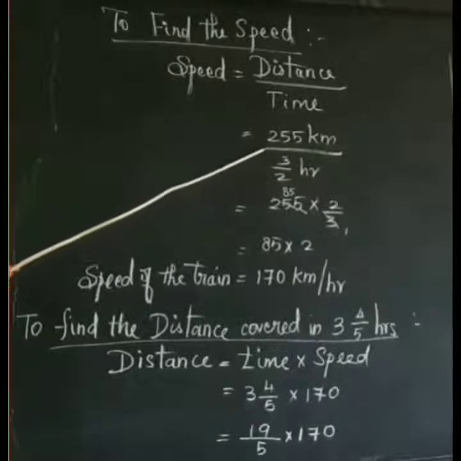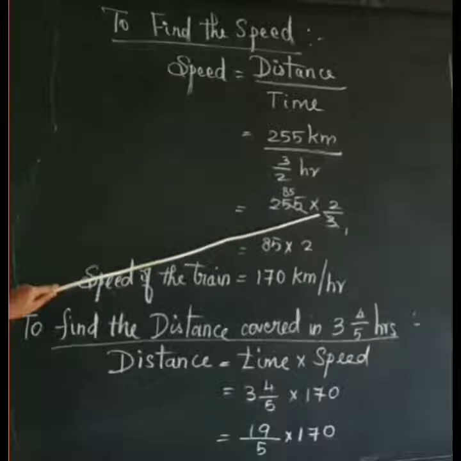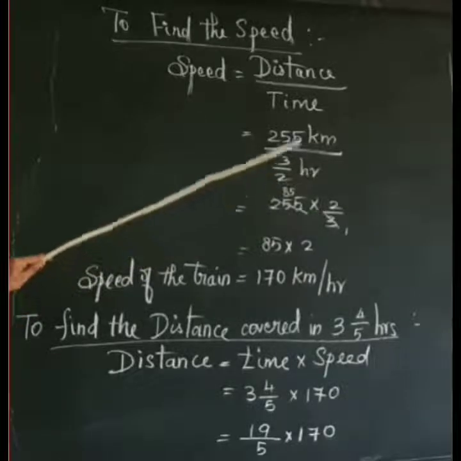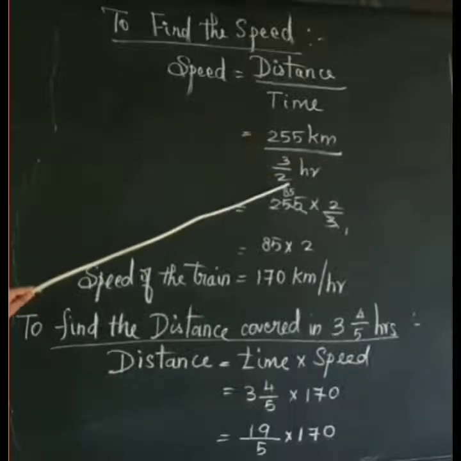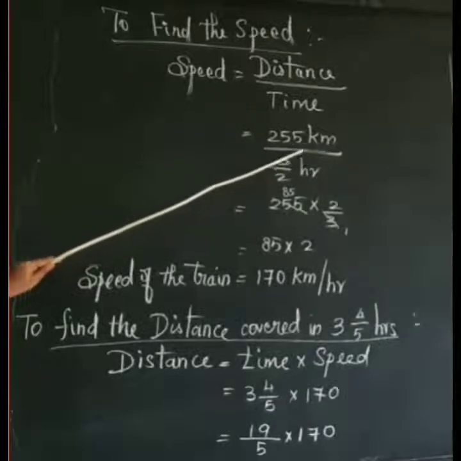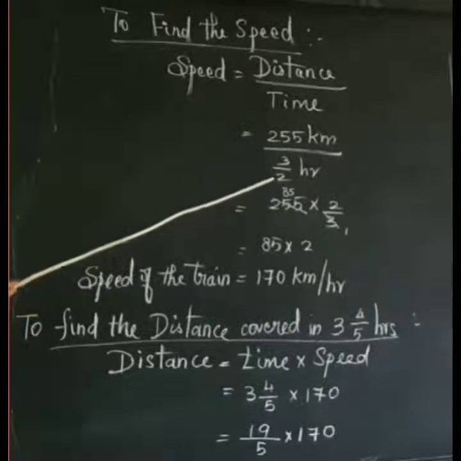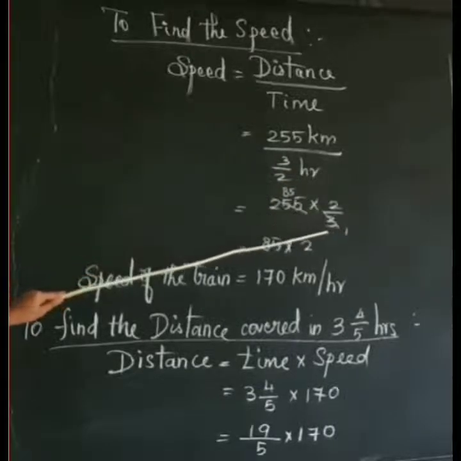So what is your next step? You have to convert this division into multiplication. Then only it is possible to simplify. You should not cancel the numerator and this part because it is in division, isn't it? So you have to convert this division into multiplication. So this 3/2 becomes 2/3, the reciprocal.